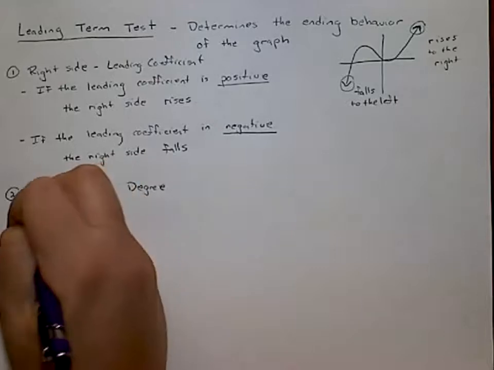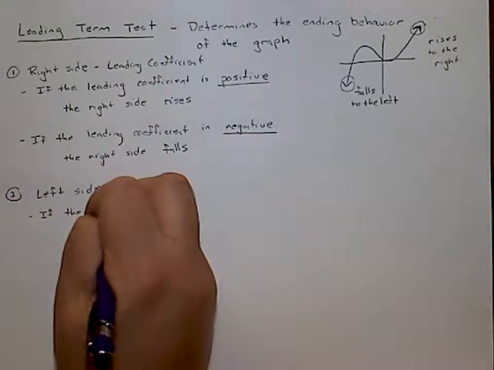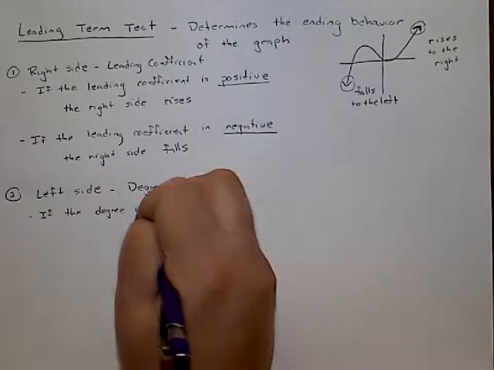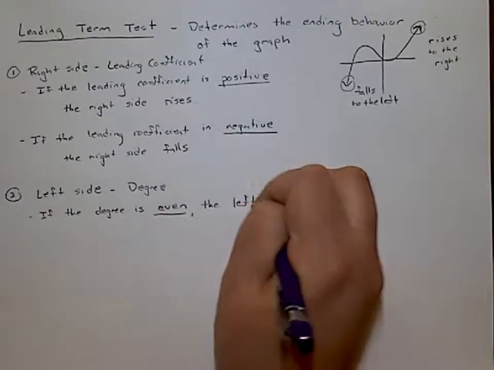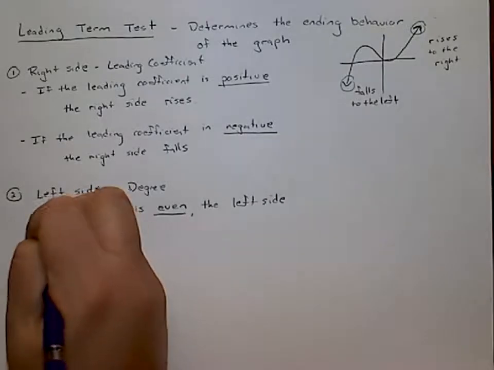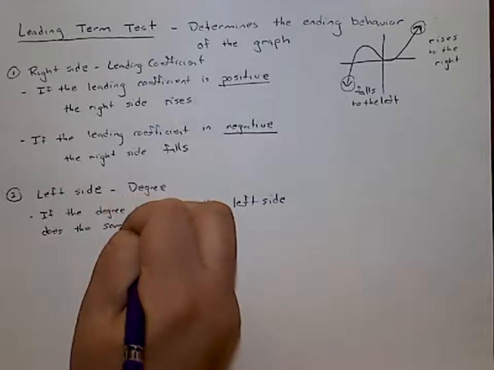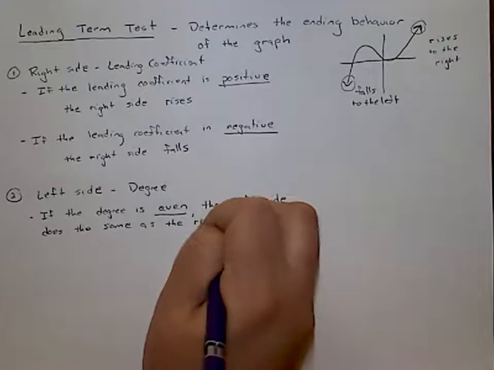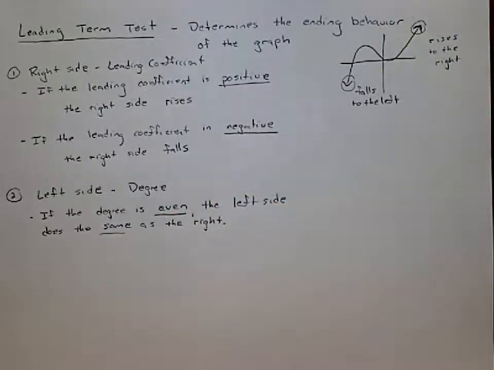So here's the rules. If the degree is even, the left side does the same as the right.